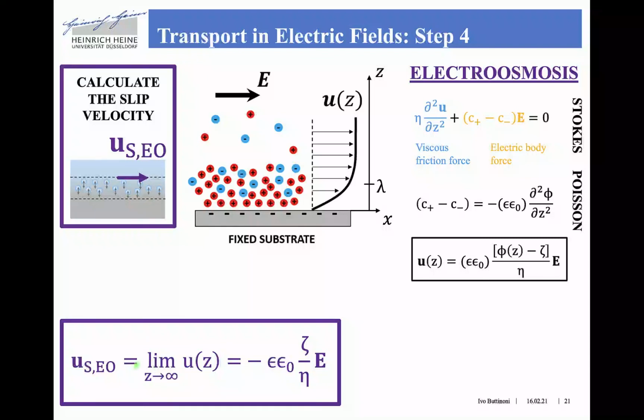And this means, strictly speaking, it is defined at z equal to infinity, since the electrostatic potential is an exponential decay. However, in practice, it is defined somewhere after the Debye screening length. And our electroosmotic slip velocity is proportional to the external electric field, where this zeta is equal to the surface potential in order to satisfy the boundary condition that the velocity has to be 0 at the solid surface.